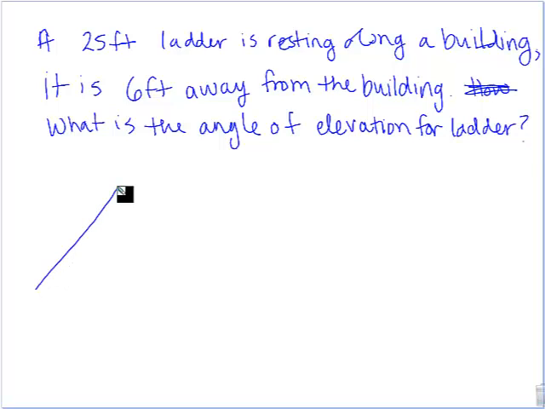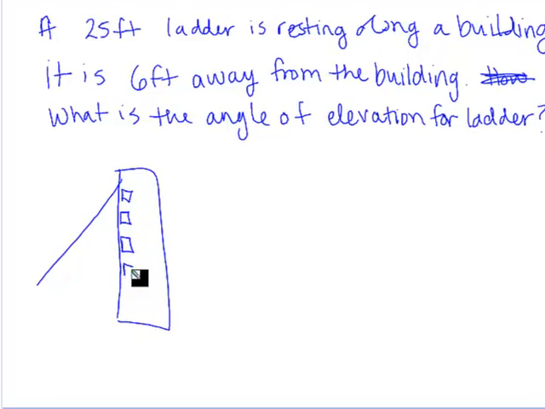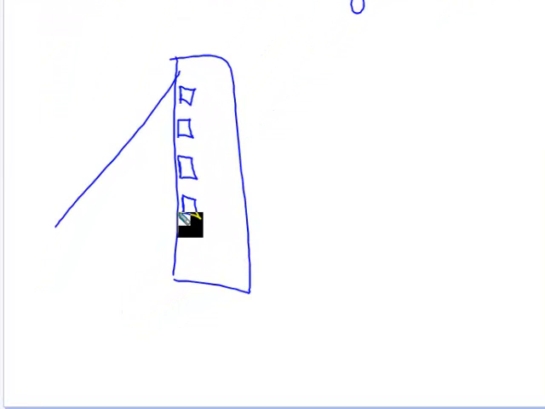So there's my ladder. There's my building. You get to see my awesome artistic ability here. Okay? And you're going to make a right triangle out of it. It says the ladder is a 25-foot ladder. So where would we put that? Yeah, the hypotenuse, because that's how long the ladder is.